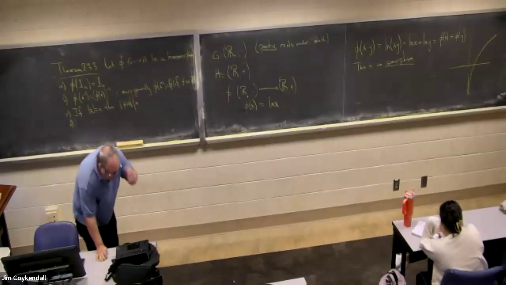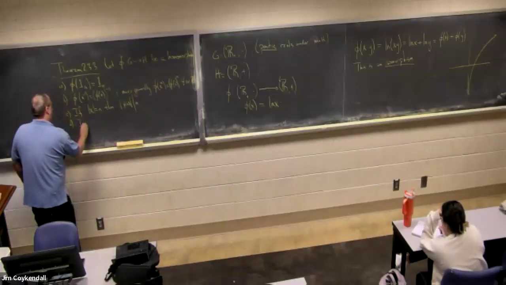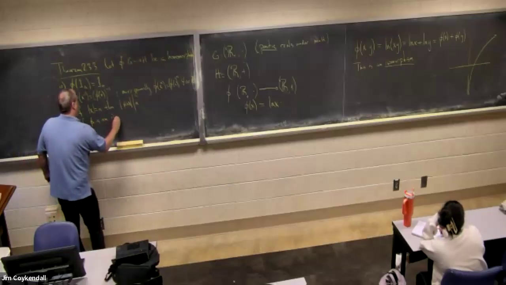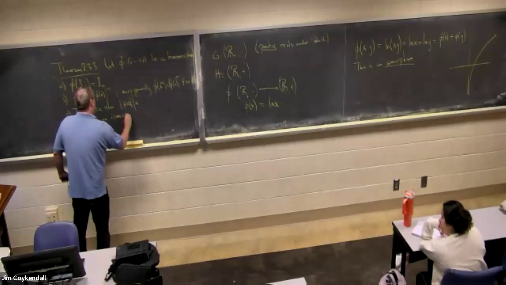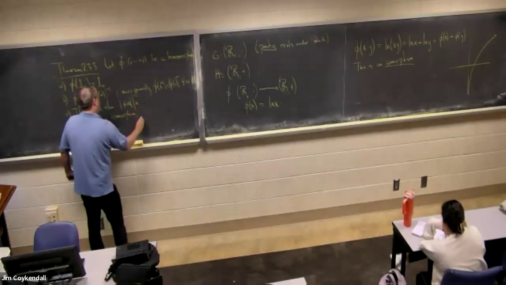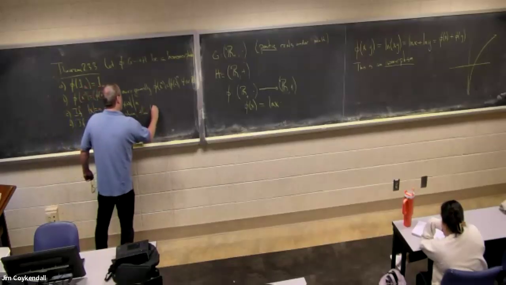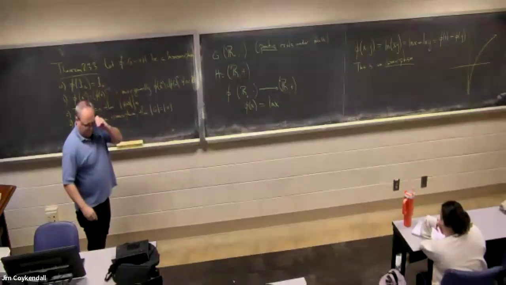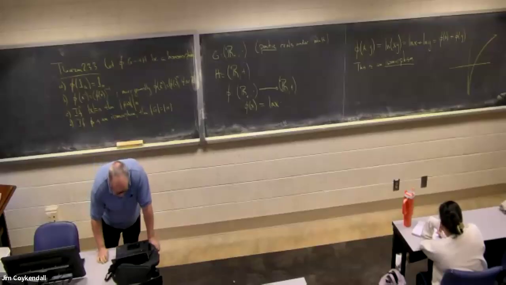D, if phi is an isomorphism, then the cardinality of G and H is the same, because of course, that would demand that phi is a bijection.